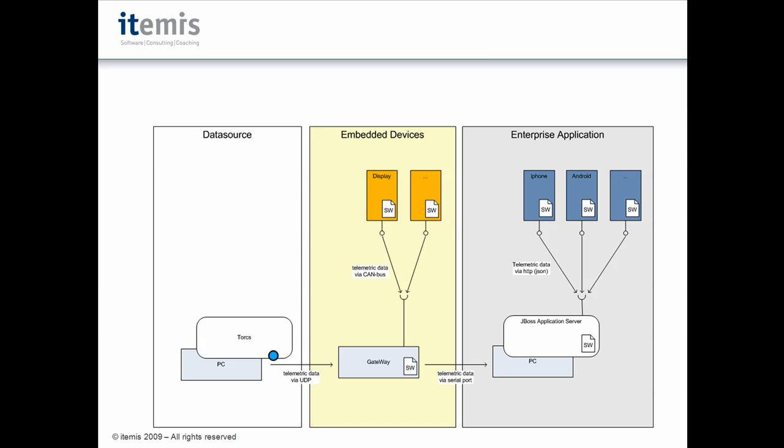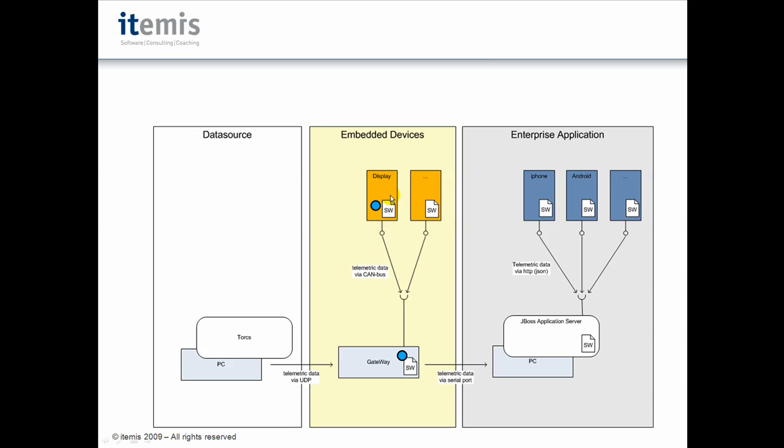It is generated by a virtual sensor within Torcs and sent through a UDP link to a gateway. This gateway is a Blackfin board running embedded Linux. The telemetric data is then sent over two channels. On the embedded side, it is broadcast on a CAN bus, where it is received by a Display 3000 board.